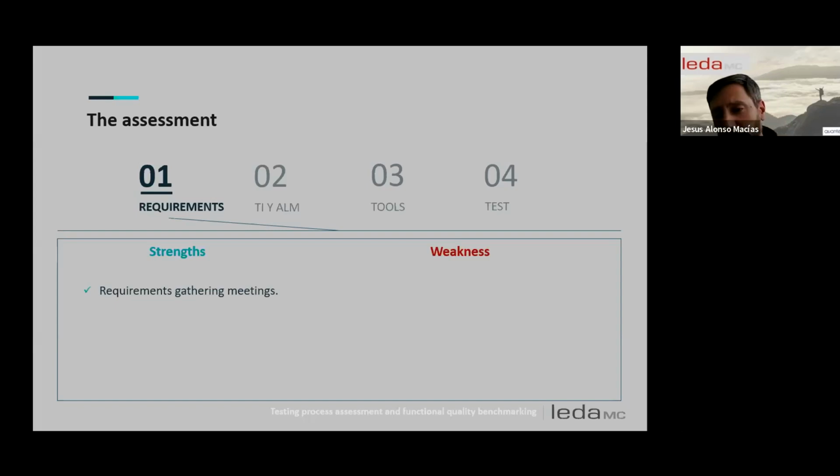It was found that there were meetings where the requirements were formally approved. It's nice to see a strength of this type. We could also see that tests could start to be written thanks to the functional documents that were available before the development itself.